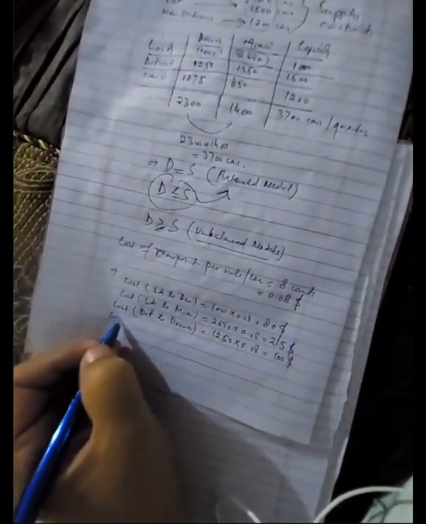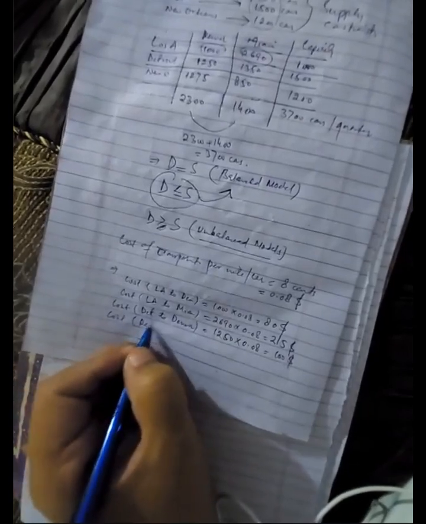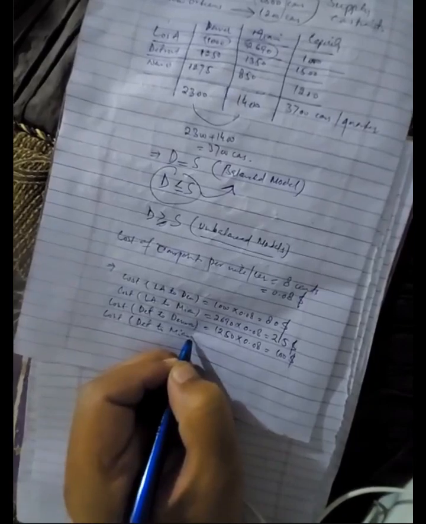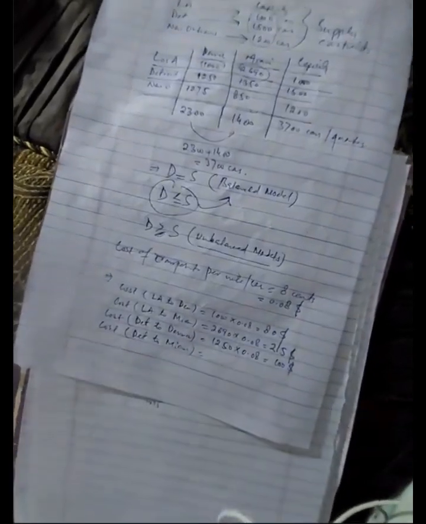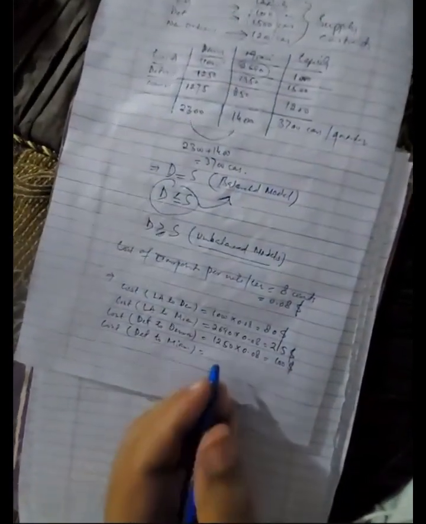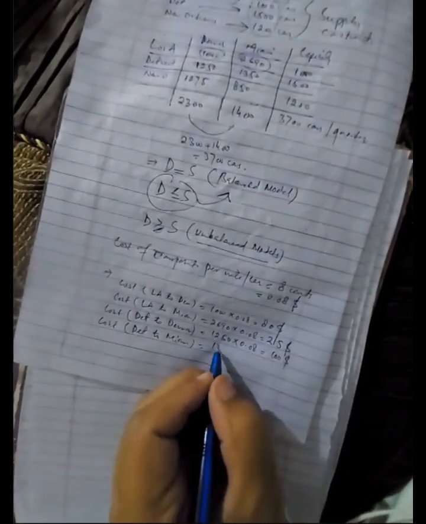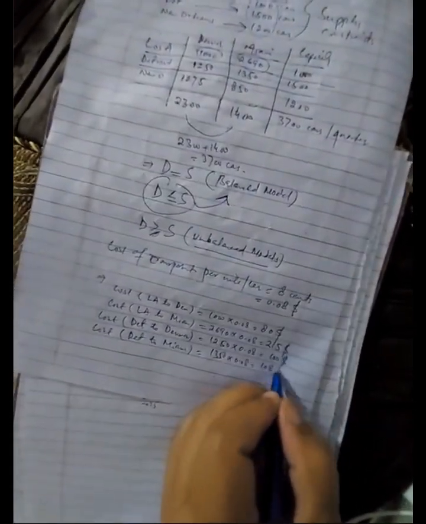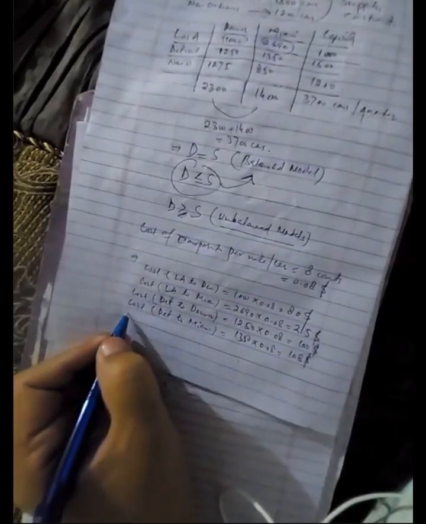Now similarly, the cost from Detroit to Miami is 1350 multiplied by 0.08. It will give us $108.